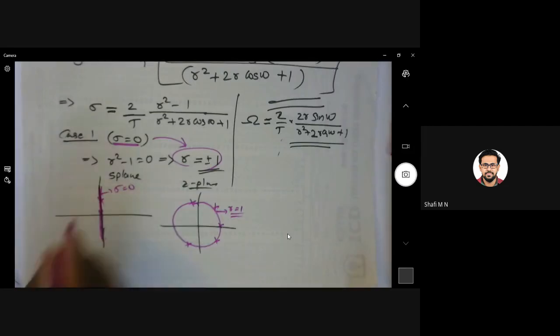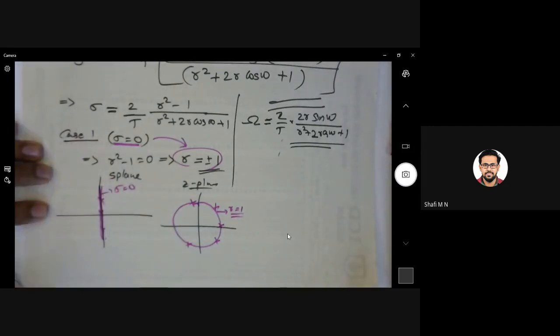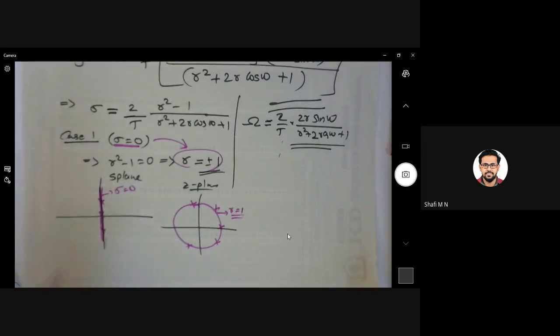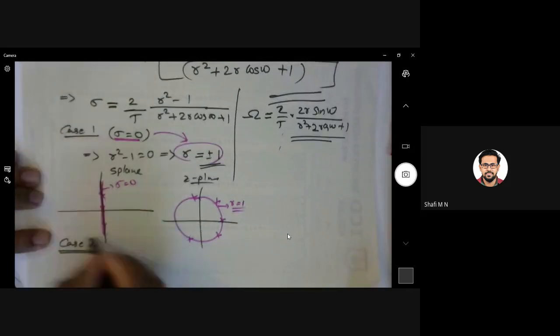So we have analyzed only the marginally stable condition. What are the other stable poles? Where can the other stable poles be in the S-plane? Second case, case 2. Any poles stable in S-plane?